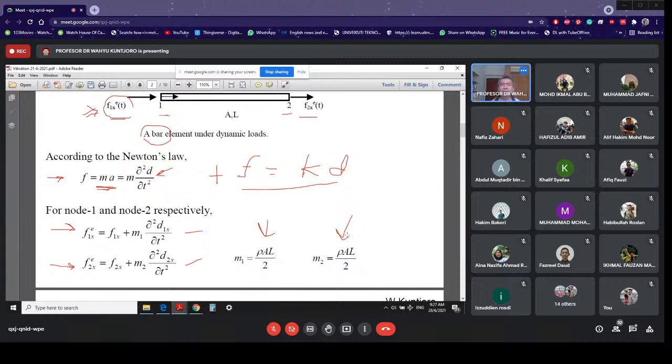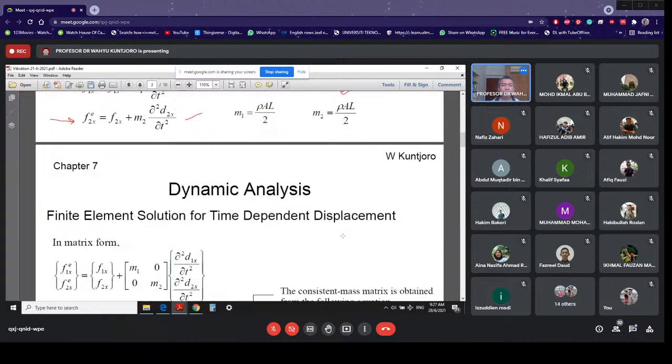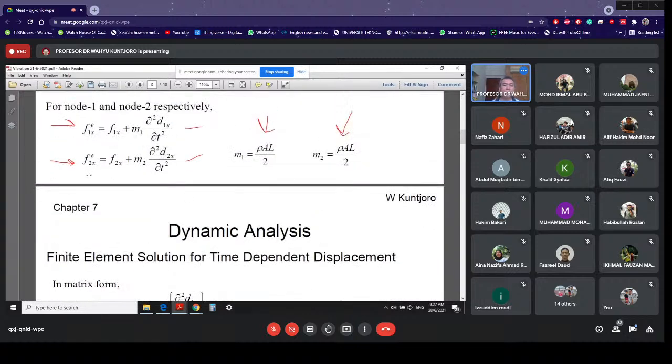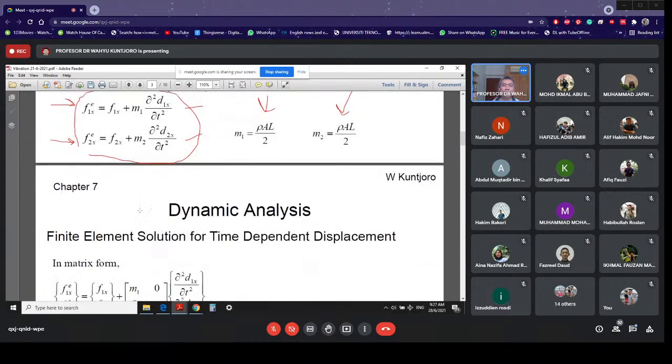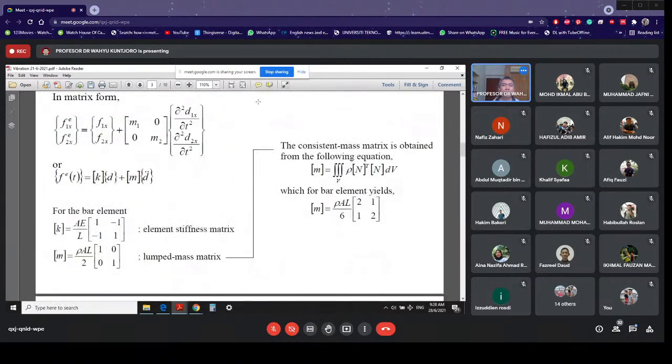F1x, F2x is what you have learned before. So now let's move on. These two equations can be written in matrix form. That equation is the same as this equation over here. Remember that F1x, F2x is the equation that you have learned before, because F equal to KD.